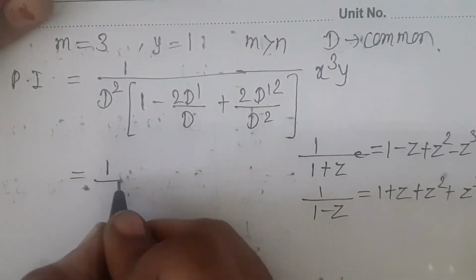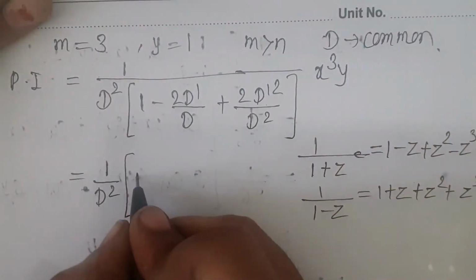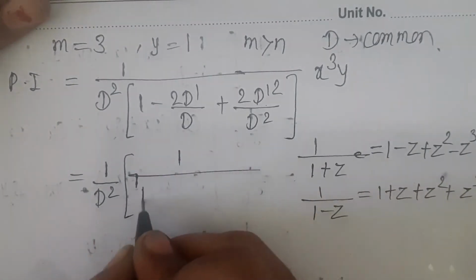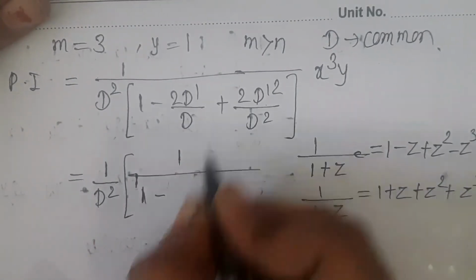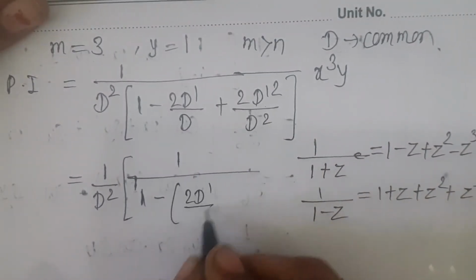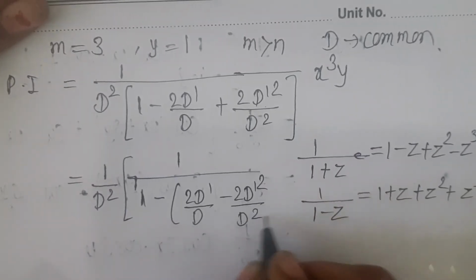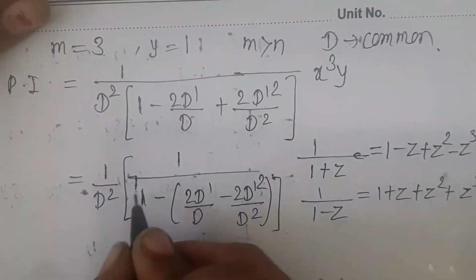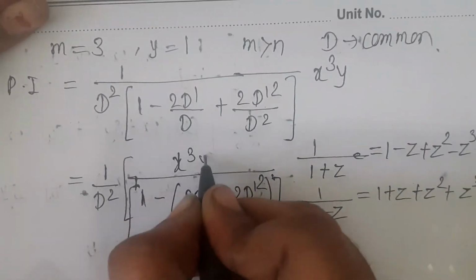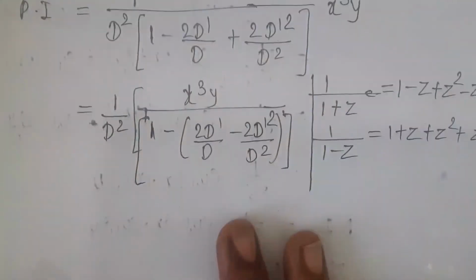It is 1 by D square times 1 upon 1 minus, so we can write it as minus, common 2D dash by D minus 2D dash square by D square, and we can write like this multiplied by x cube into y. So how to operate this?